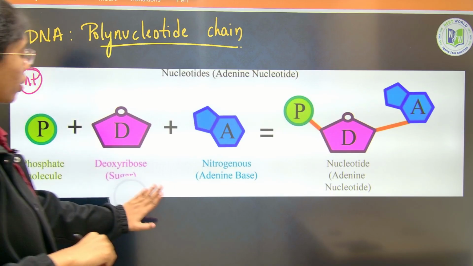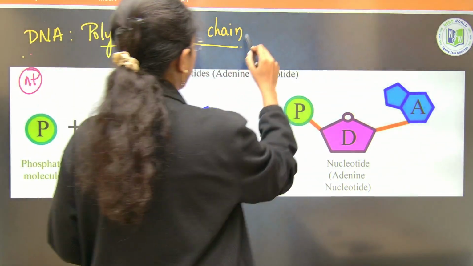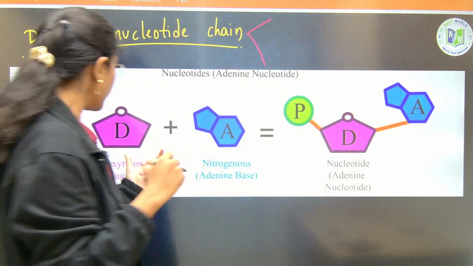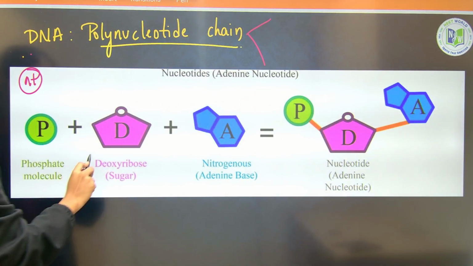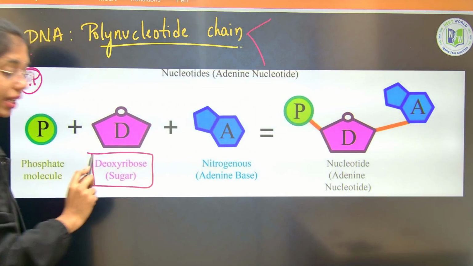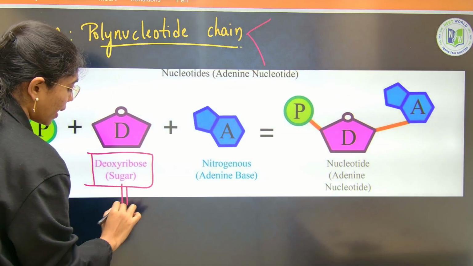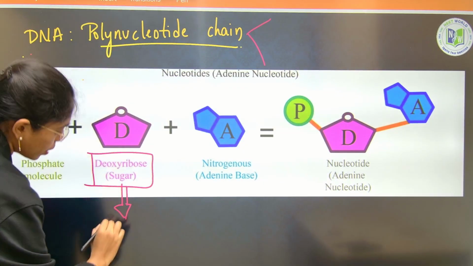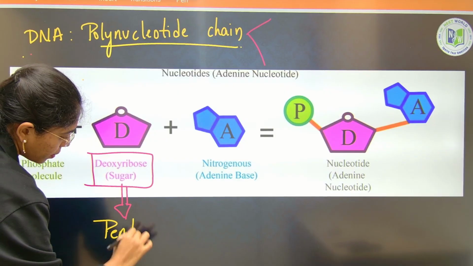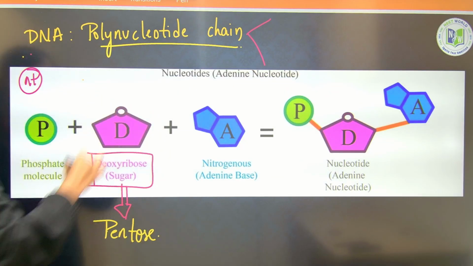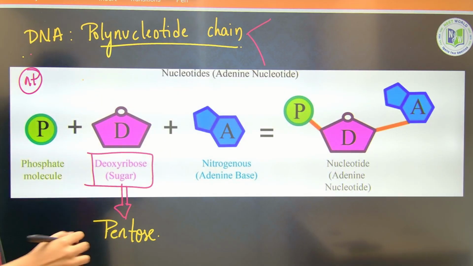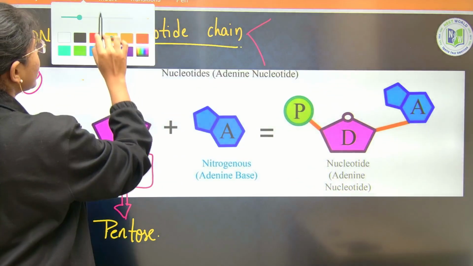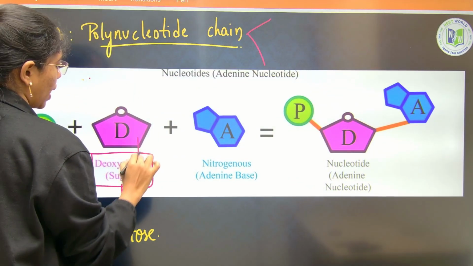Whether the nucleotide is of DNA or RNA, based on that, if it is of DNA, the sugar present is deoxyribose sugar, which is a pentose sugar. At the second carbon there is no OH group, at the C2 carbon.